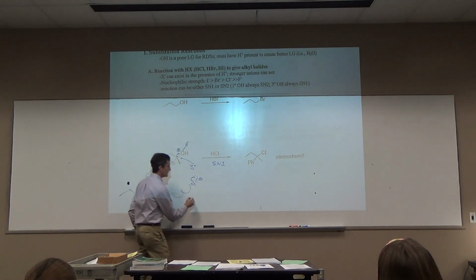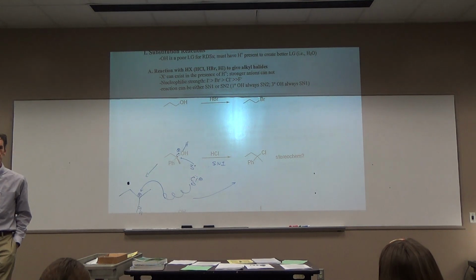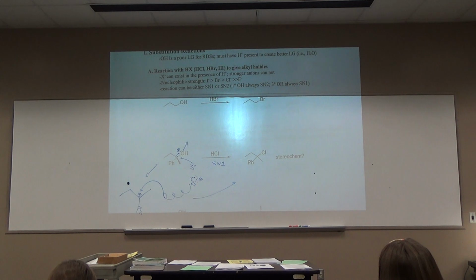How many total steps in this mechanism? Total number of elementary steps in this mechanism. 3. Protonate the oxygen. The oxygen ionizes to form the carbocation. The nucleophile attacks the carbocation, right? What's the rate determining step? Typically carbocation formation, right?